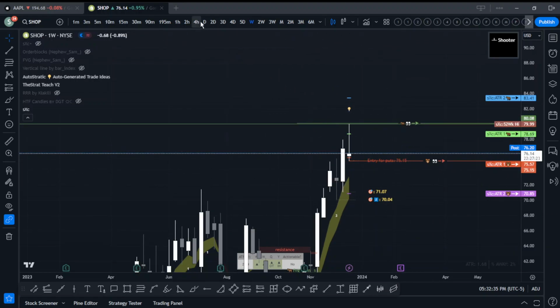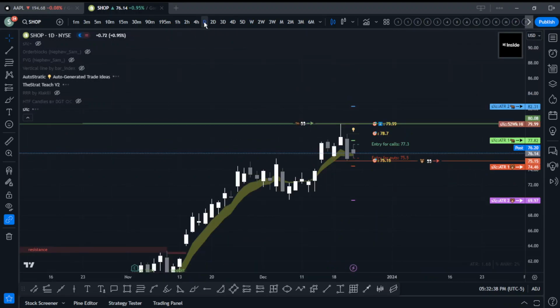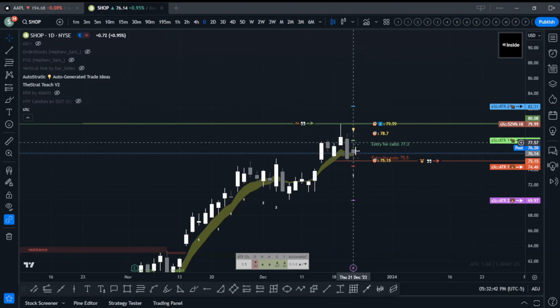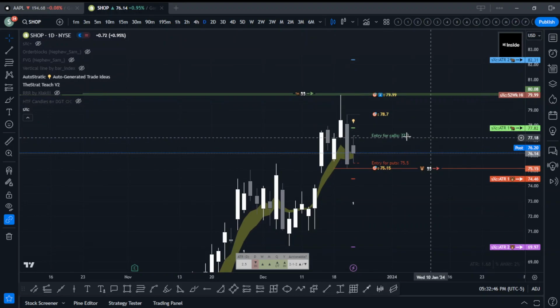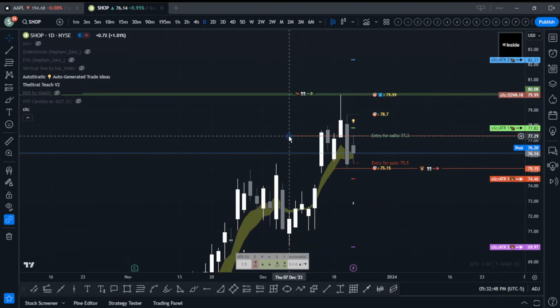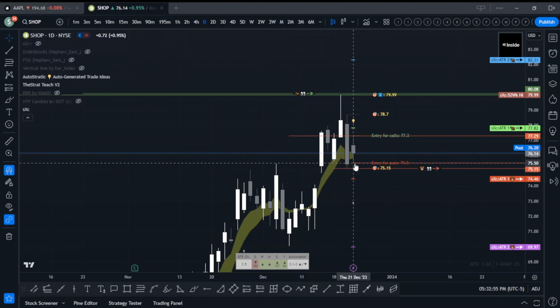So now we drop down again to the day and we see the day has an inside candle and it's offering us an even tighter or closer range of price action. And so we can say, okay, this is the first attention getting level, and then the next one's down and up can be the second attention getting levels.